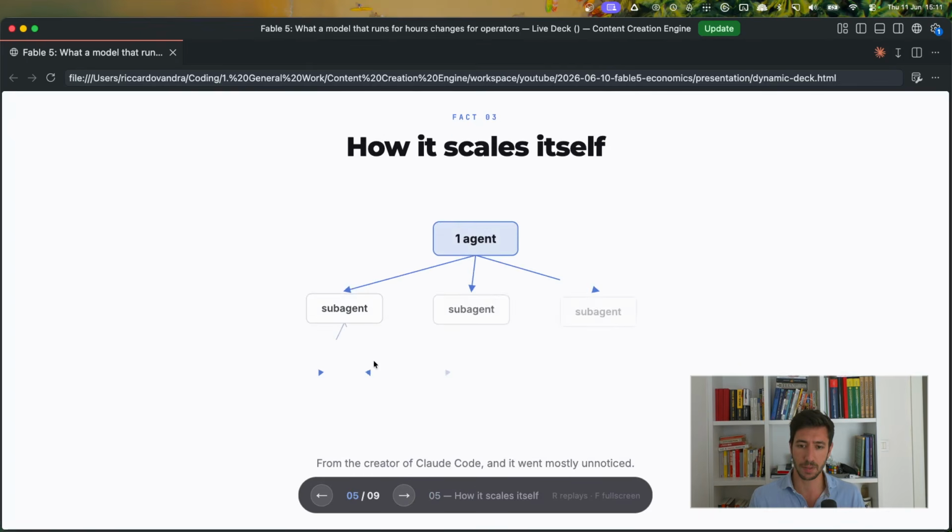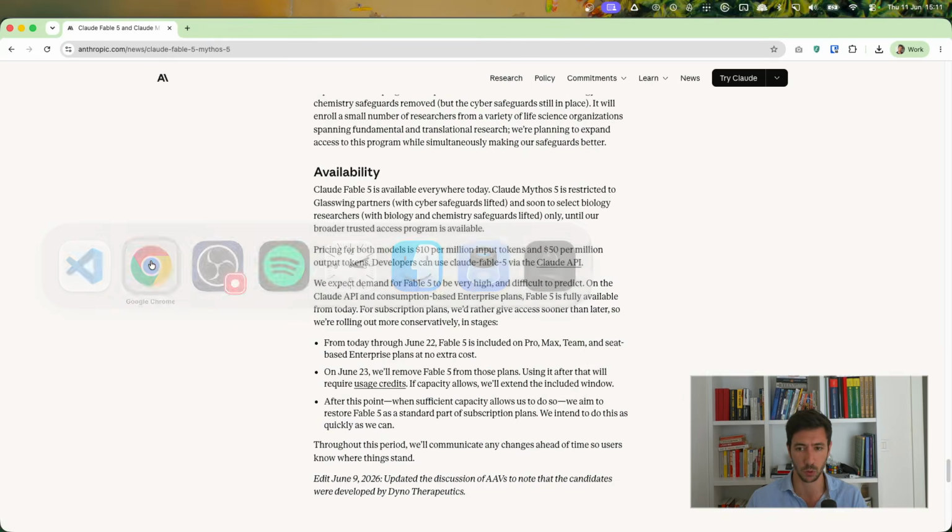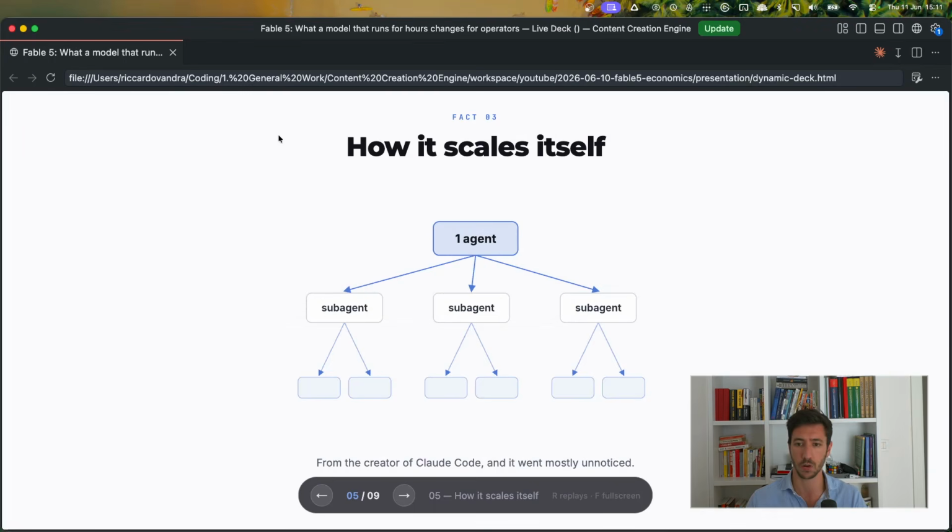The last element here, and this is something that I didn't see anyone talk about, is the scaling of the model. So when the model was released, another tweet that was created was one from the creator of Claude Code, mentioning that right now what you can do is you can spawn nested subagents.